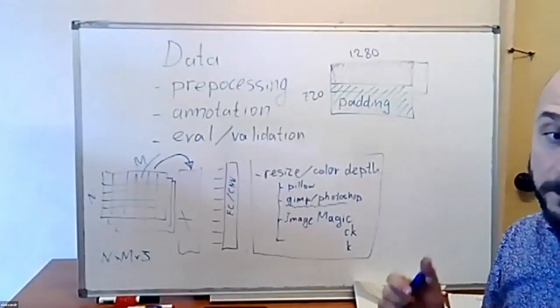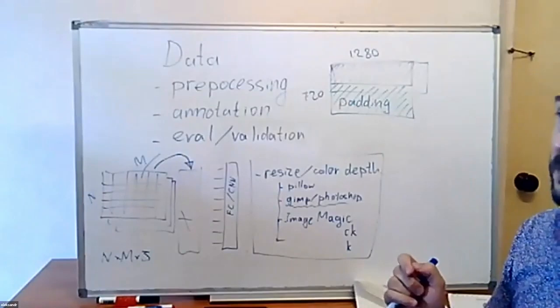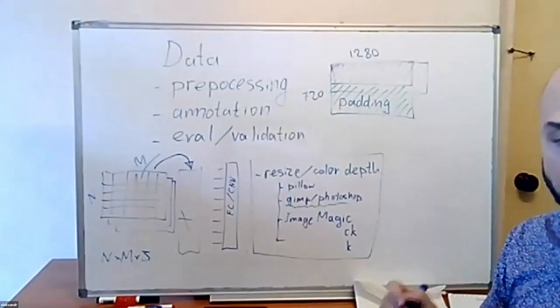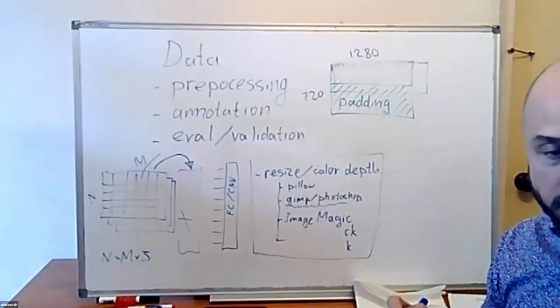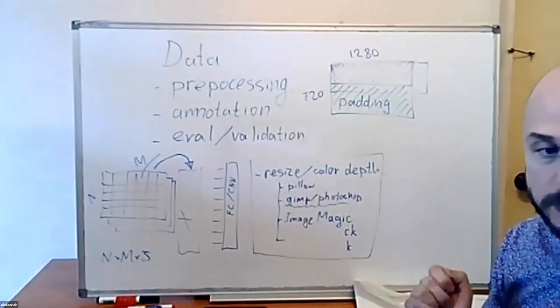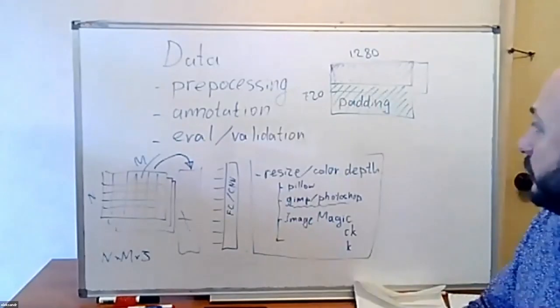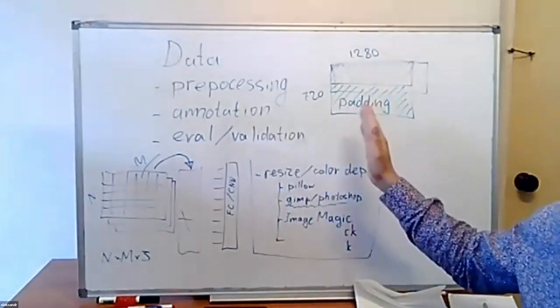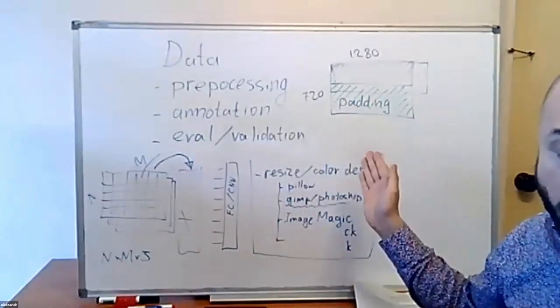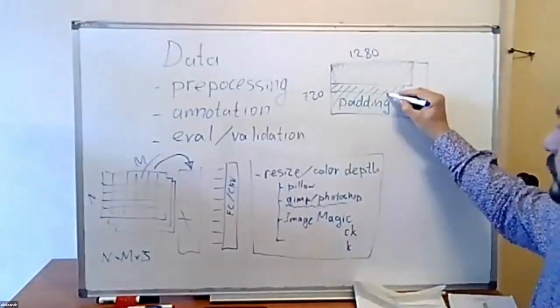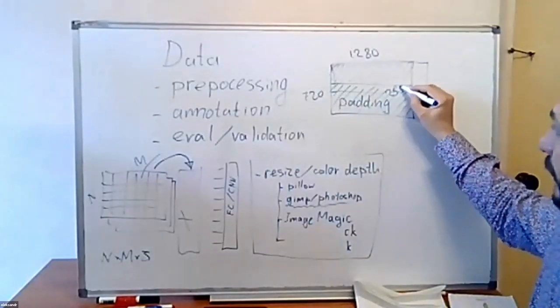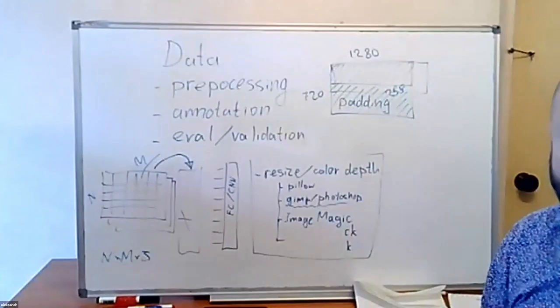So we pick some common value for pixels that we are not going to consider to be informative. We could, for example, fill all the pixels with zeros or with 255 instead.